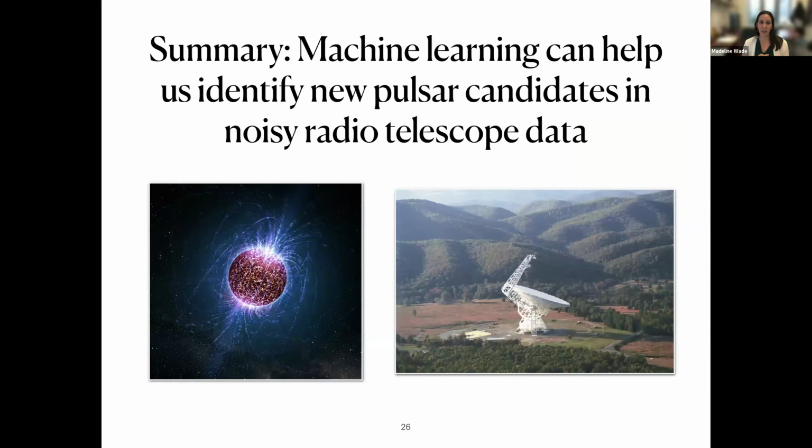So in summary, machine learning helps us find new pulsar candidates in generally noisy telescope data, which is a really interesting problem to solve, but is actually probably not even the main focus of my research program.